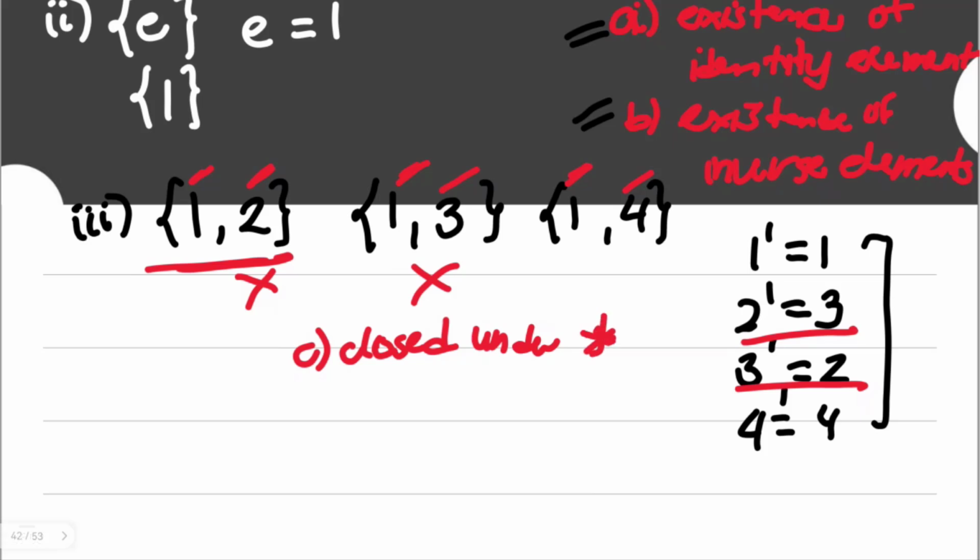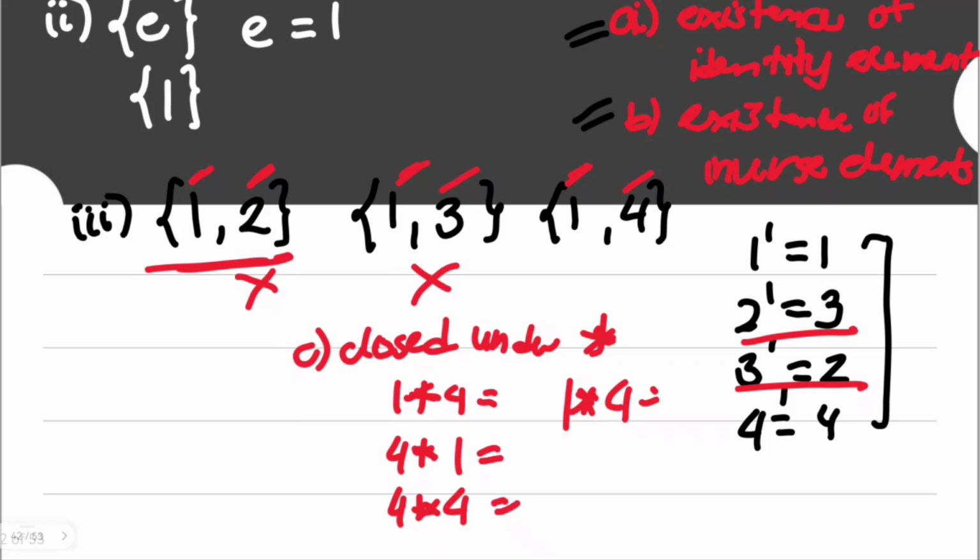Meaning, if we operate 1 by 4, 4 by 1, 4 by 4 and 1 by 1, all the results must be either 1 or 4. If some results give 2 or 3, then we drop this as well.